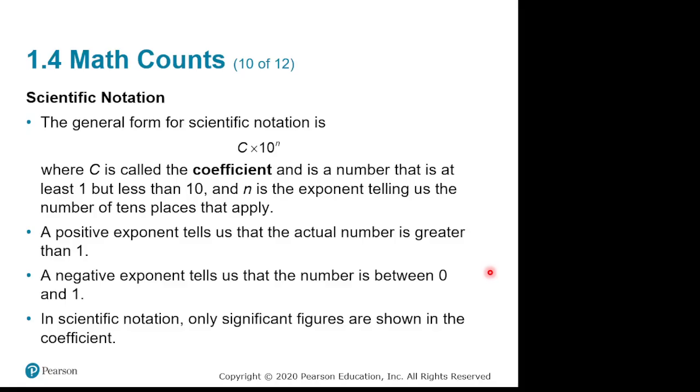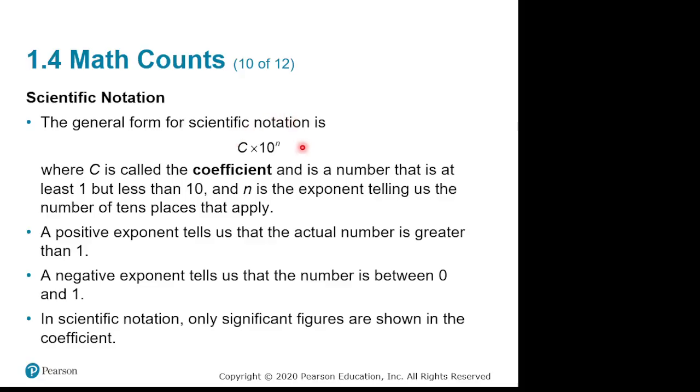Okay? Now, scientific notation, this is what this looks like. This would be a coefficient. It's going to be something between 1 and less than 10. Okay? You don't typically put a 0.1 for the coefficient, and you also don't put an 11, right?